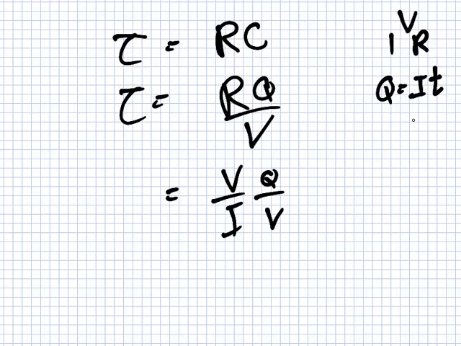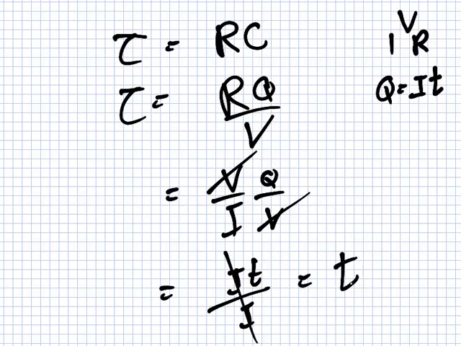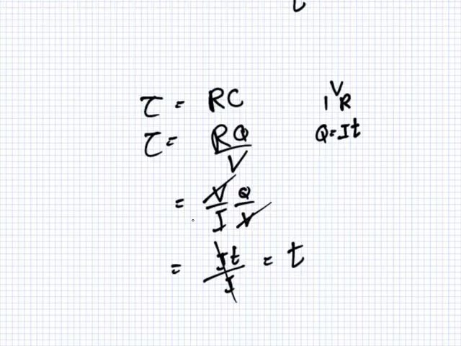Yeah, we did. So here the V's cancel. And what's the Q? IT. And what happens here? The I's cancel, so you're left with a T. So the unit for the T is seconds.